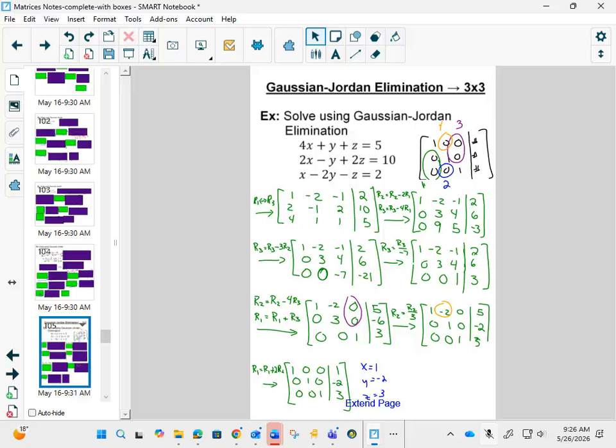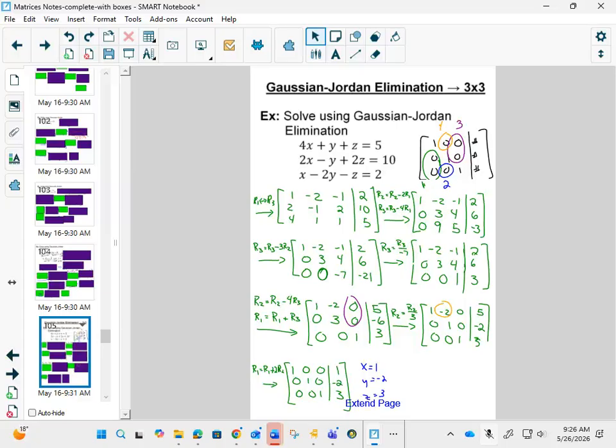And we get our reduced row echelon form. So it's very systematic, right? I've color-coded it there, what you need to do first, second, third, fourth.